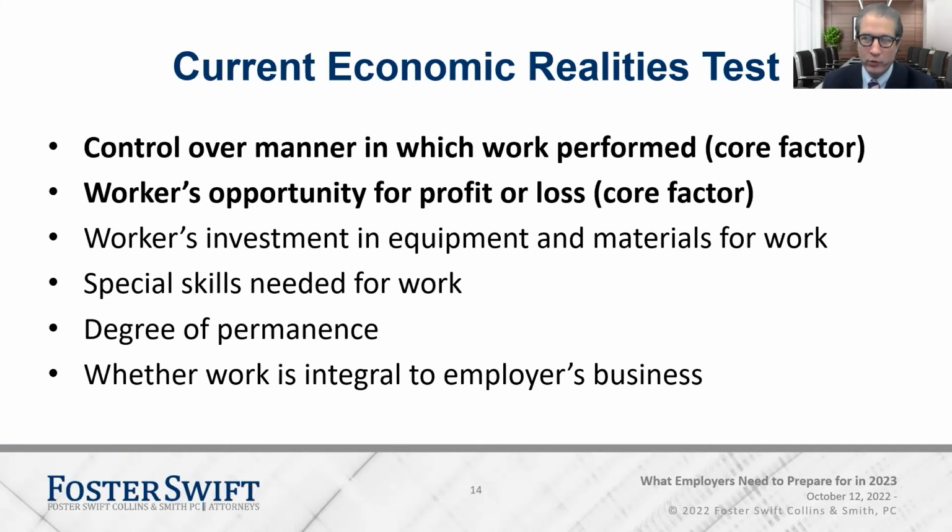Now, under the current rule, the first 2 factors are called core factors, and they are automatically weighted more than the other factors. So those factors, again, are control over the manner in which the work is performed. So basically, if the employee controls the work, it tends to make the person an independent contractor.